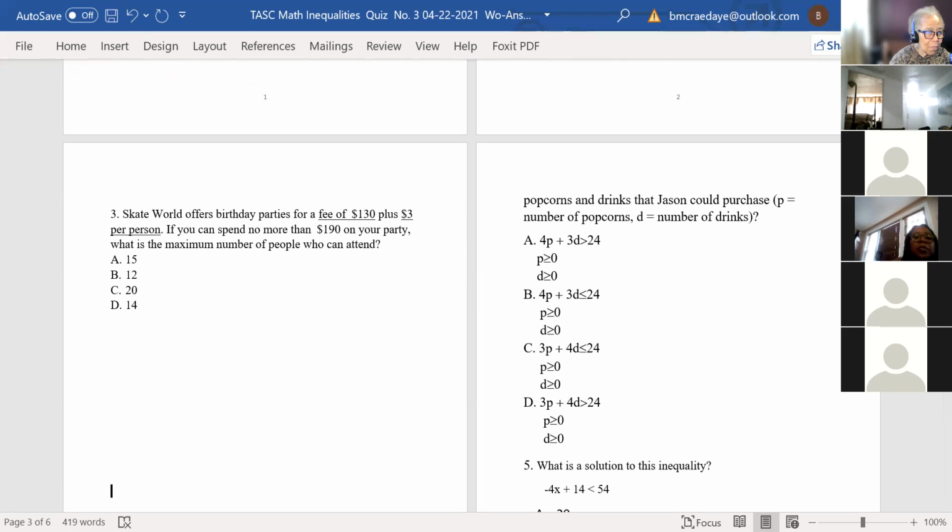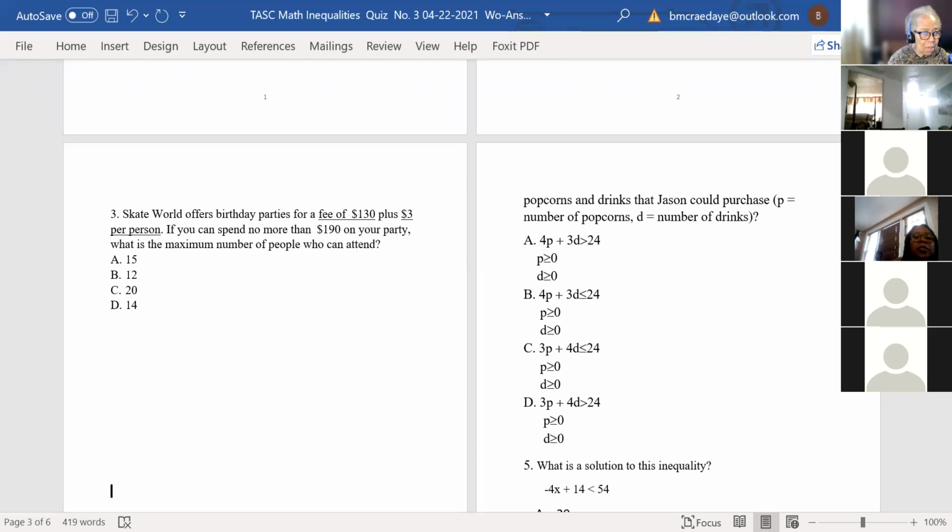If you can spend no more than $190 on your birthday, what is the maximum number of people who can attend? So you notice here you have a variable cost of the party and you have a fixed cost, right? Vanessa, what's the fixed cost?